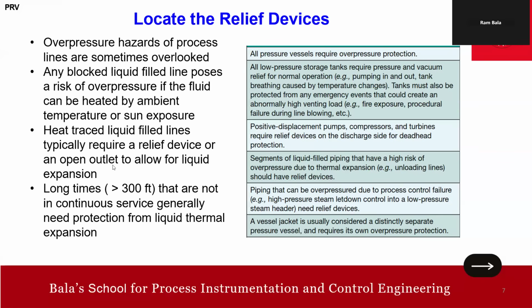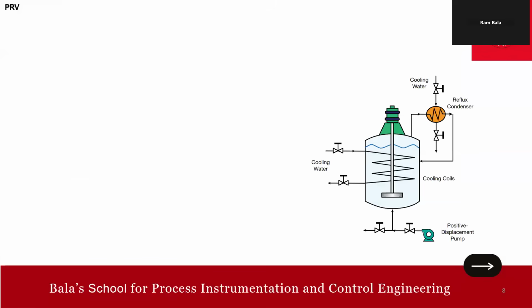And additionally, long lines, meaning more than 300 feet, that are not in continuous service generally need protection from liquid thermal expansion. So this is also something we need to watch out for.